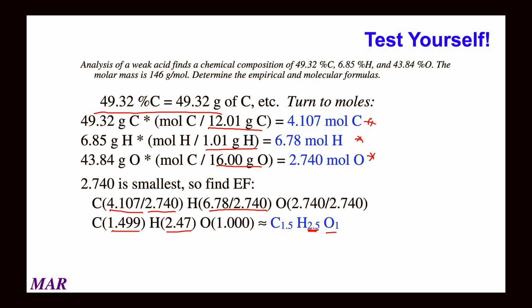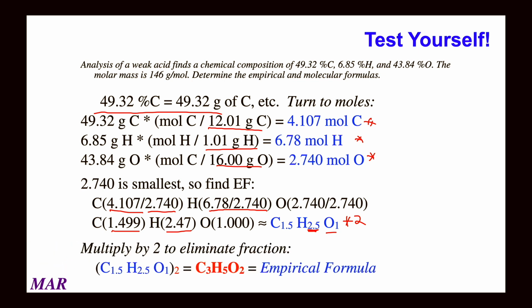So this is an example of having an empirical formula with not quite whole numbers. And you've got to have a whole number when it comes to the empirical formula. So in this case, if you think about it a little bit, we can multiply all of that by 2. 1.5 times 2 would be 3, 2.5 times 2 would be 5, and of course 1 times 2 would be 2.